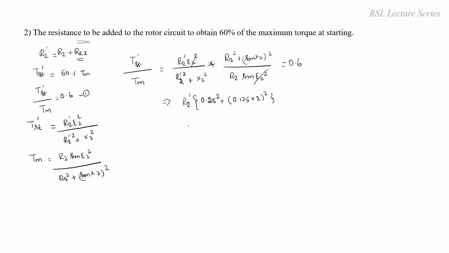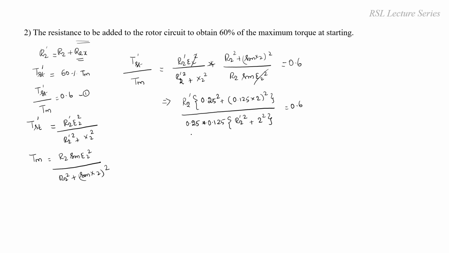Okay, this is the numerator term. Divided by the denominator, we have R2 into SM multiplied by this term. R2 value is again 0.25, SM value is 0.125, multiplied by R2 dash square, the unknown value, plus X2 square, which is 2 square. So this will be equal to 0.6.